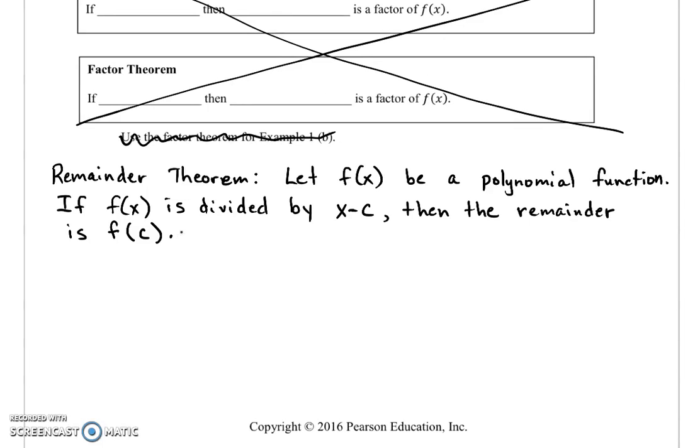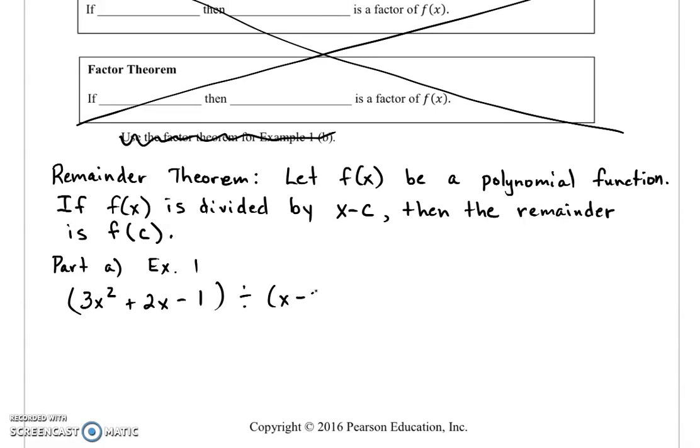So let's look at an example of this. If we go back to part A from example 1, we took 3x squared plus 2x minus 1, and we divided it by x minus 2.